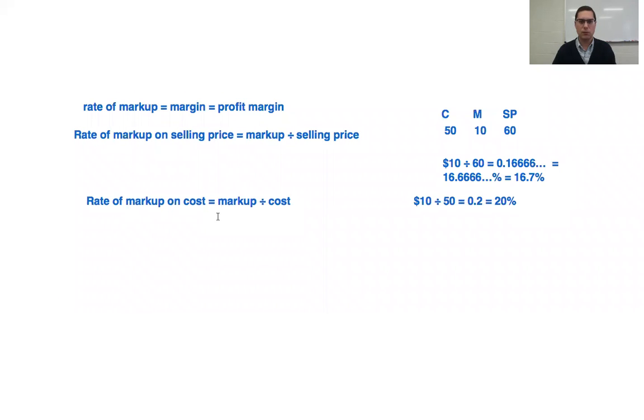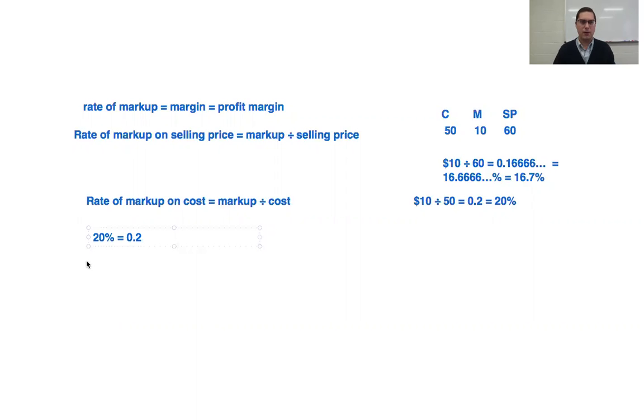Using our rate of markup equations here, let's say that we know that we have a rate of markup on cost. You have to make sure you know if it is rate of markup on selling price or rate of markup on cost. You have to keep those two straight. Let's say that we definitely know that we want a rate of markup of 20% or 0.2, two ways of saying the same thing.